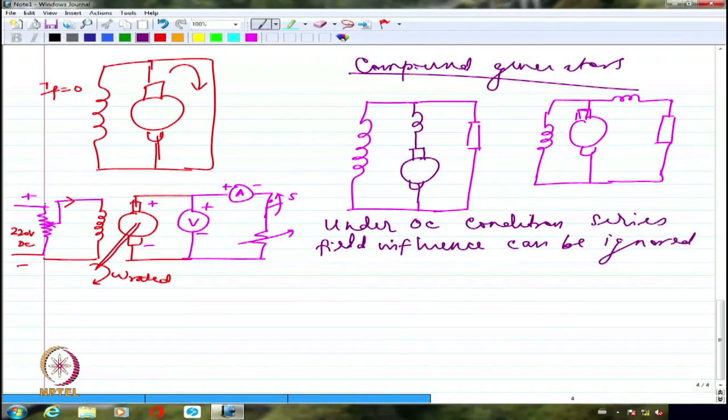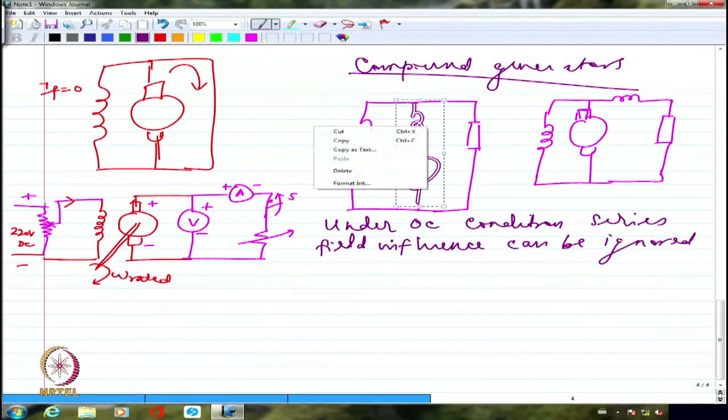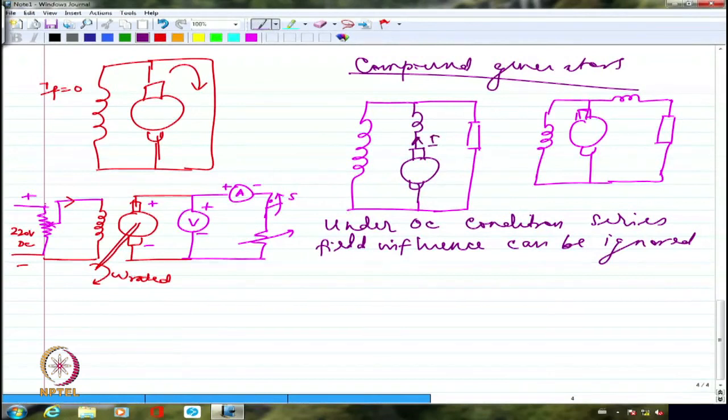Of course, in this case, the series field is going to carry only the load current, whereas in this case, it is going to carry the armature current, right? So I'm going to have armature current coming up here, whereas here only the load current coming up. So we are going to have basically the current going like this.